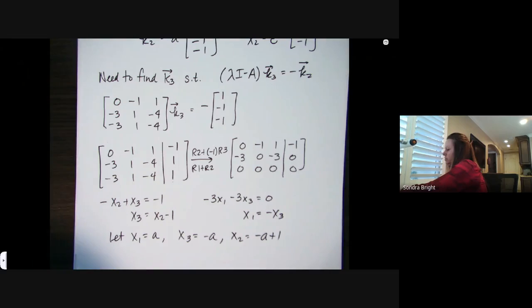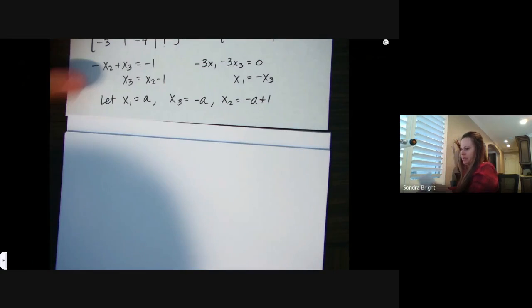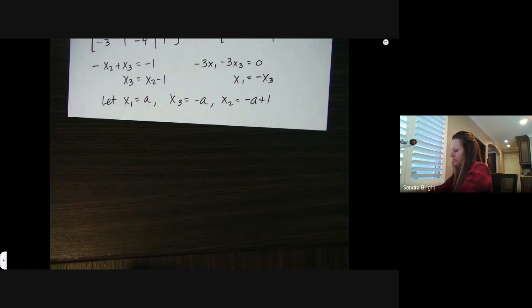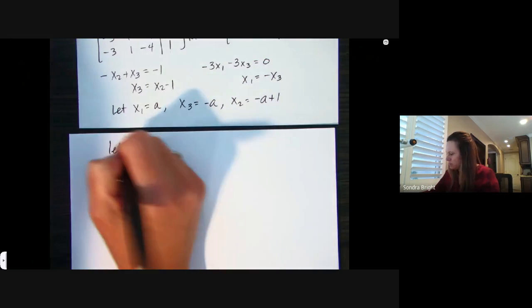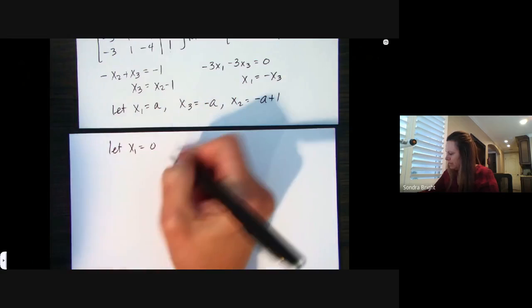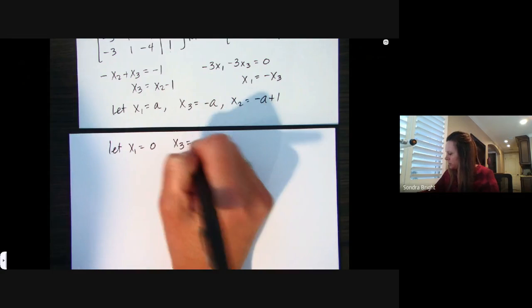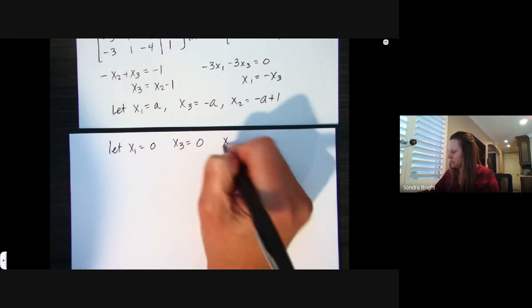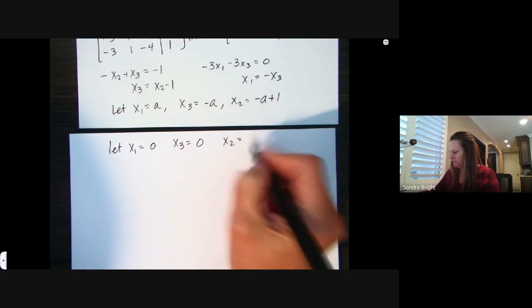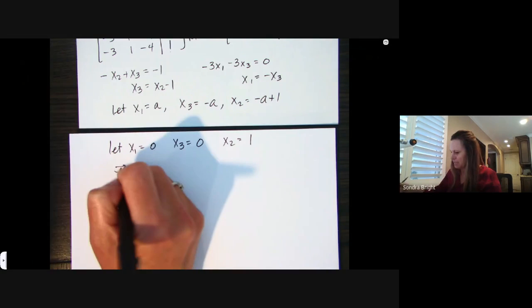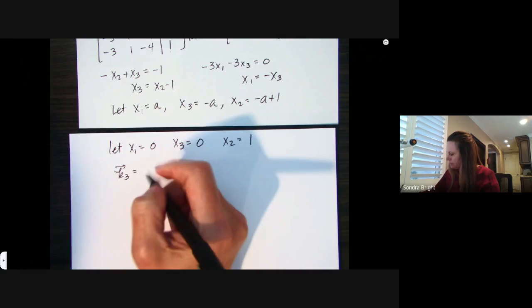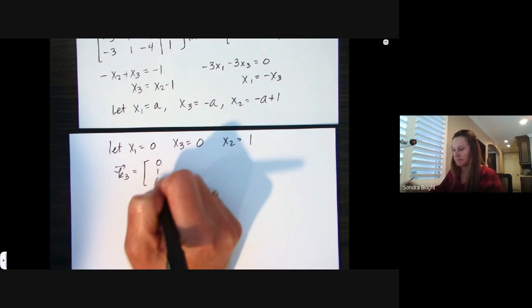You're just going to choose some friendly numbers to plug into a. So let x1 equal 0. Then x3 is also going to equal 0, but x2 would equal 0 plus 1. So that means your K3 is going to be 0, 1, 0.